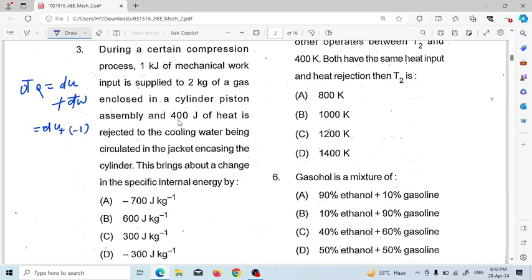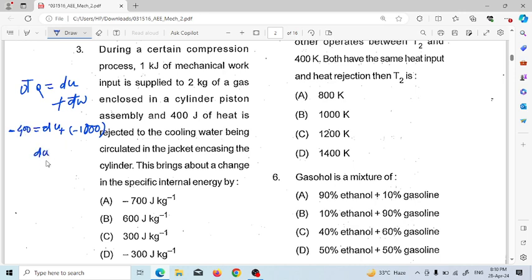And 400 joule of heat is rejected. So heat rejected has a negative sign. The answer will be in joule, so first convert 1 kilojoule into joule. So this is 1000 joule, and this is 400.